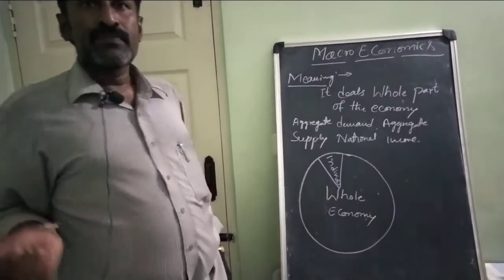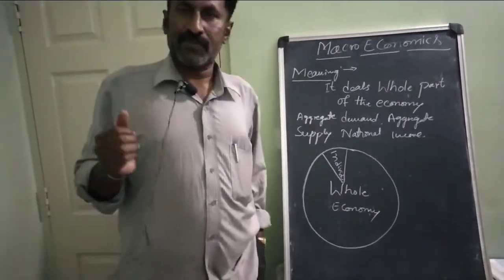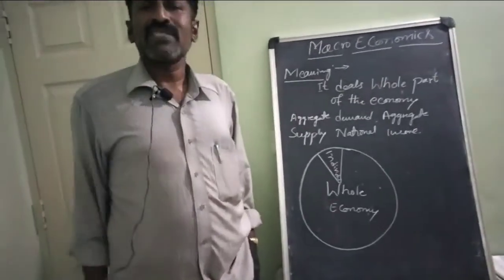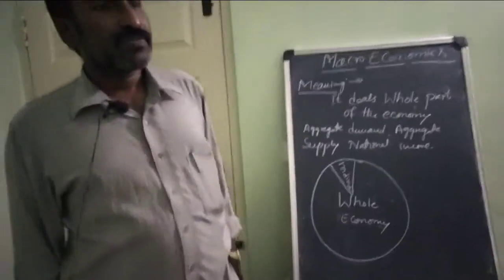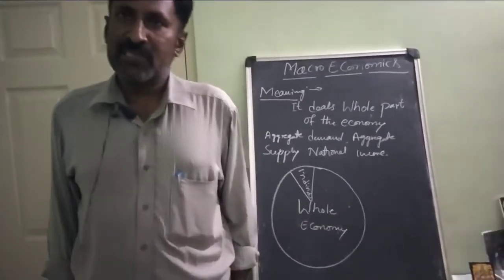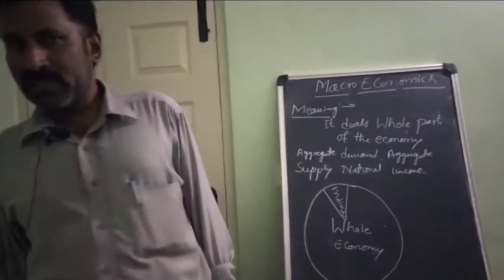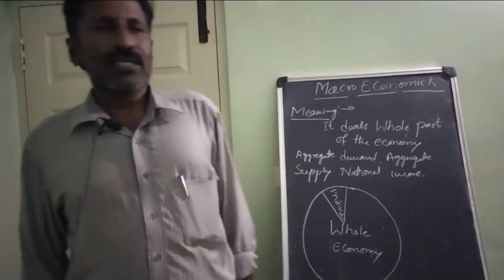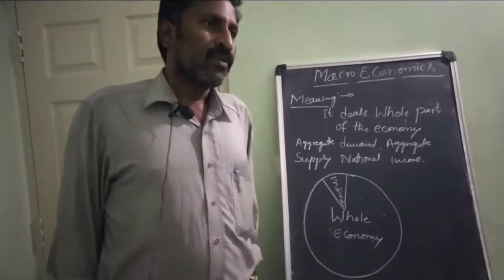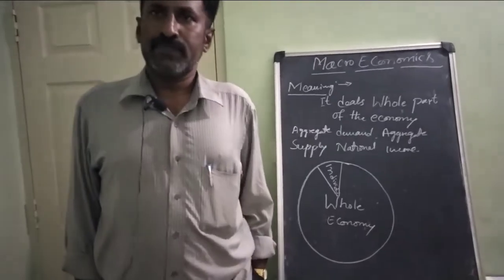Next, it refers to public finance. Generally we say public finance means government income and expenditures, whether local government, state government, central government, or any government. How does the government give maximum facility to the public?